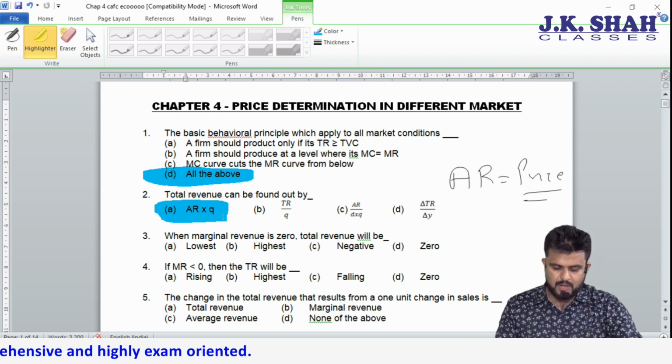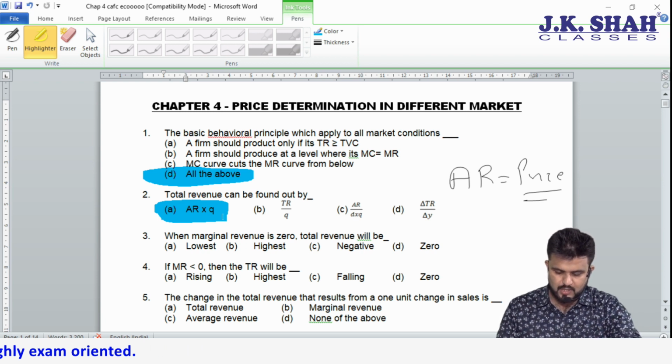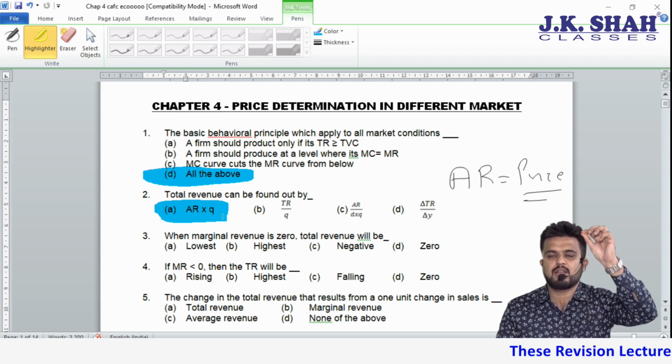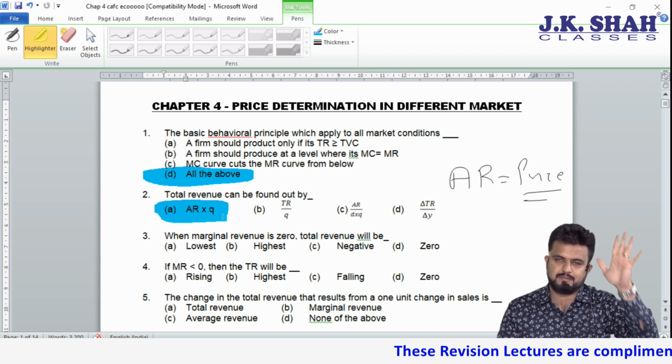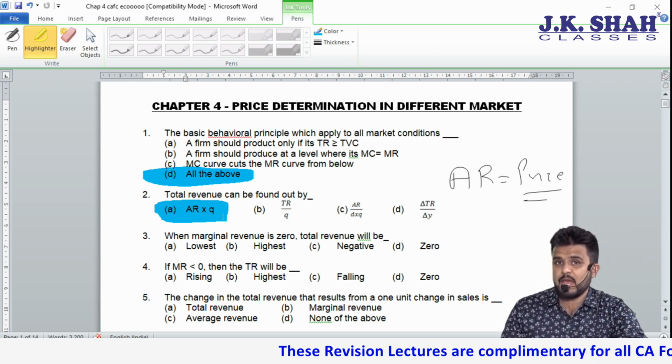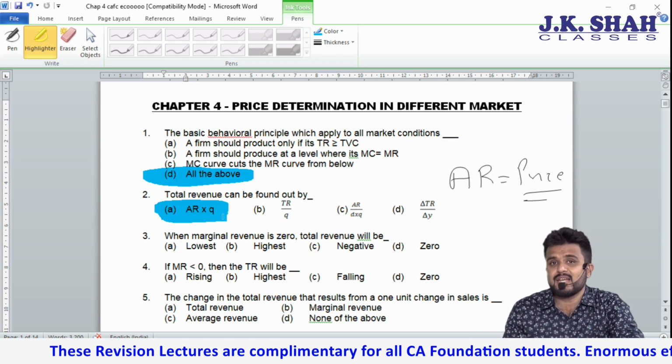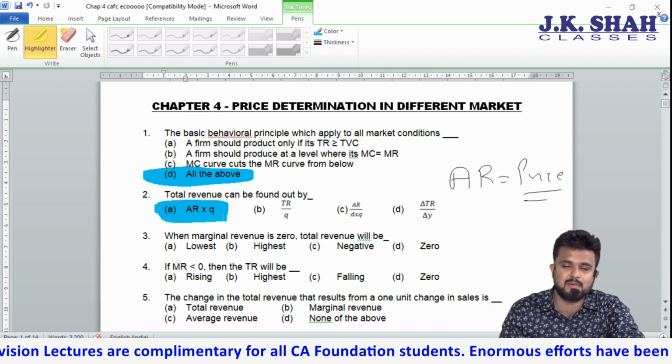Third, when marginal revenue is 0, total revenue will be. When MR is 0, TR will be highest, maximum. So if I can give you a recall: MU is 0, TU is maximum. MP is 0, TP is maximum.